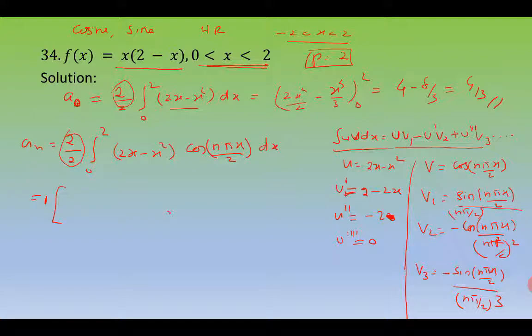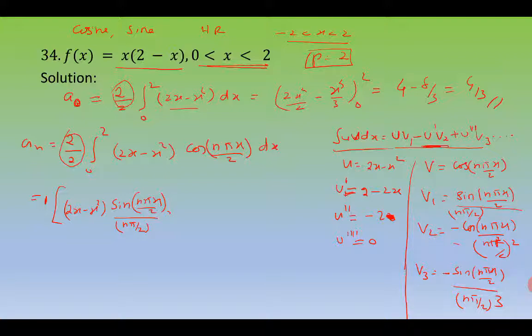This one, u is 2x minus x square times v1, which is sine n pi x over 2 divided by n pi by 2. Second term, minus u prime and v2.